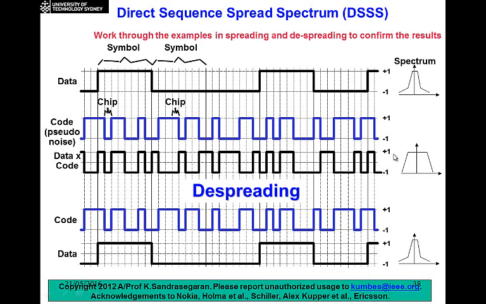This is the wideband signal that is transmitted across the interface, and when it's received at the receiver, we multiply the wideband signal by the code again, and in the process we get the original data. The important condition to receive this original data is that we must use the same chipping sequence in the transmitter as well as the receiver.